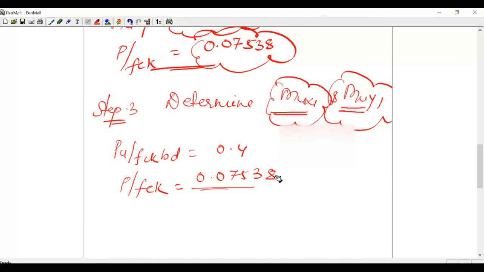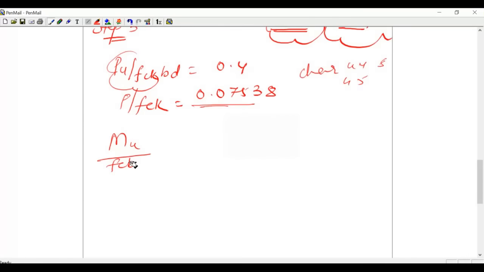So in this problem, using the same chart number 44 and 45, previously we used to interpolate the value of Mu upon fck bd square from that chart, where we had Mu upon fck bd square and Pu upon fck bd. But in this problem we already have these two, and we will be calculating Mu upon fck bd square.